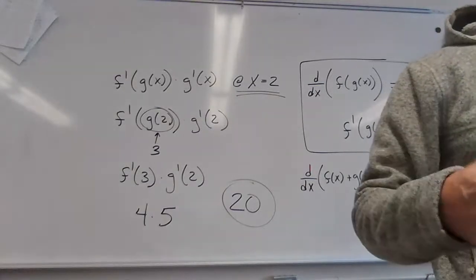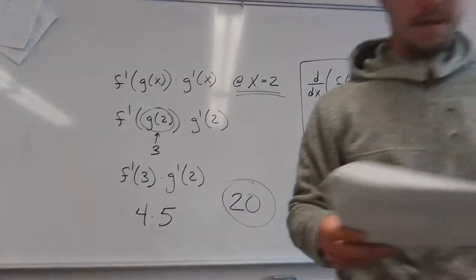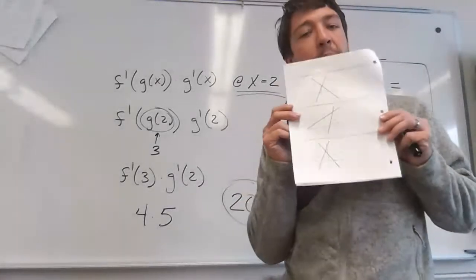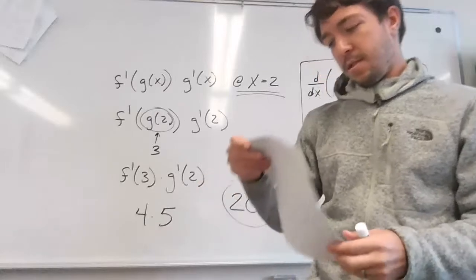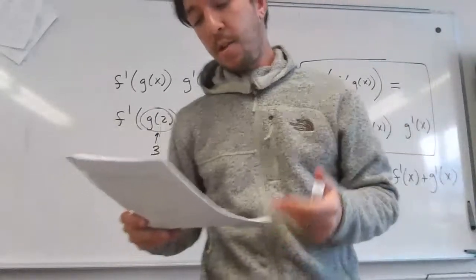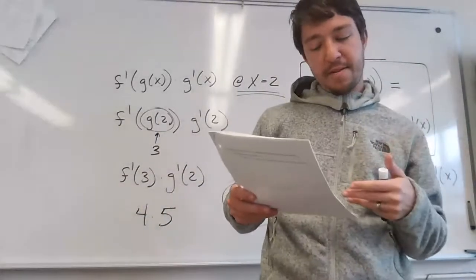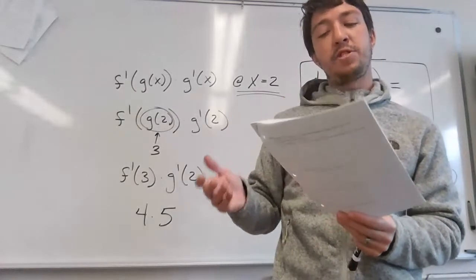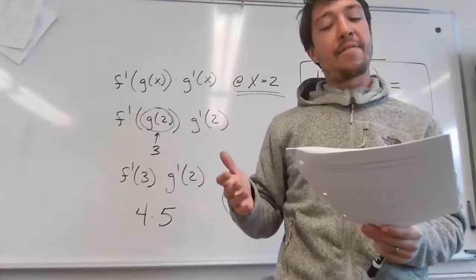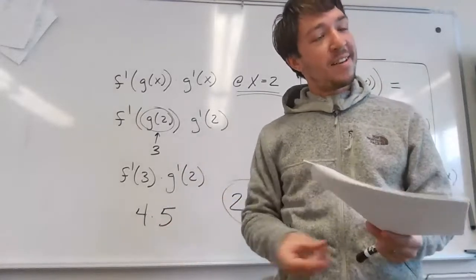And the last two things, let's go out of order. If you look at the very back page of the graphs, you have a graph of f and a graph of g. And then it asks you to calculate f times g prime of 1 and f over g prime of 1.